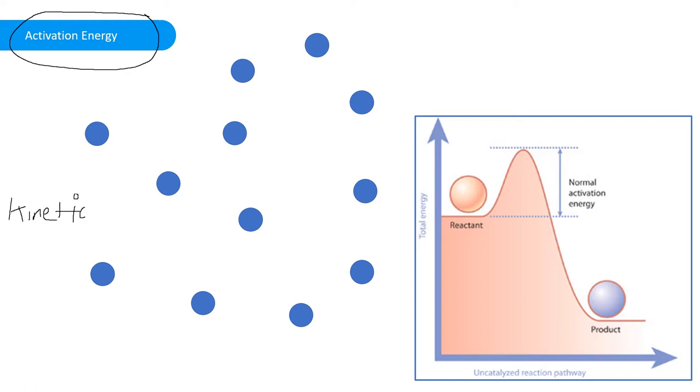Now, kinetic energy basically is movement. So if we froze them, how much kinetic energy would they have? Well, surprise, surprise, the answer is none or very, very little. So these molecules would be moving very slowly, if at all.